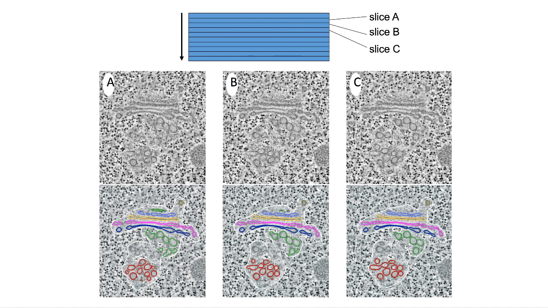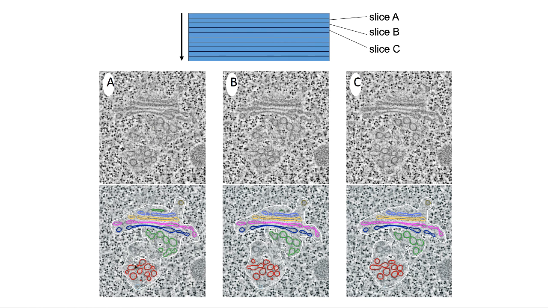These are 3 consecutive images from the serial tomogram of the Golgi stack. When you carefully examine the outline of, for example, this vesicle, it changes as we move from A to B and B to C. So we can see there is a change in 3D organization, but it is a bit difficult to tell how that changes in 3D.